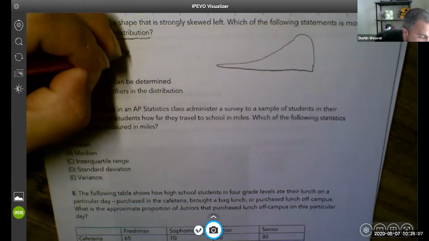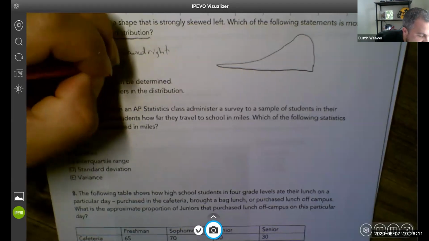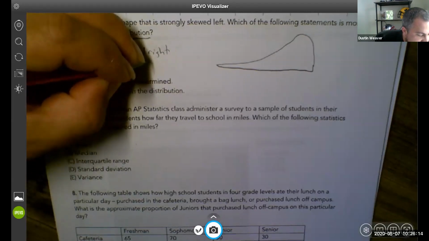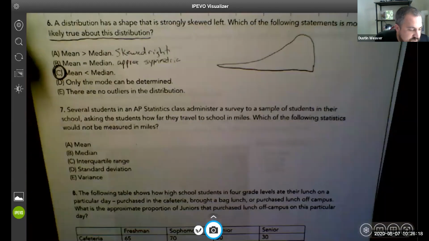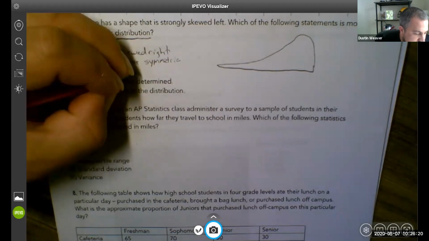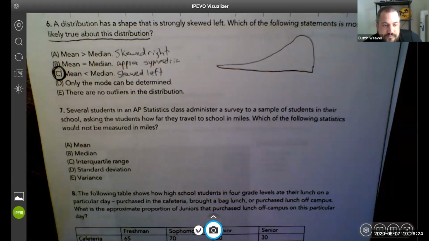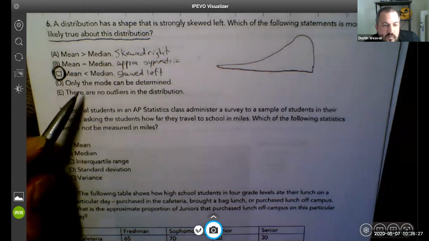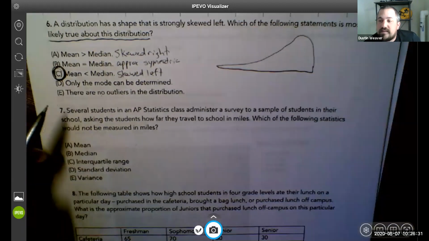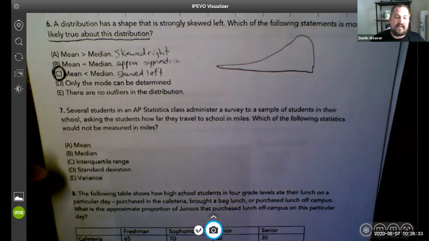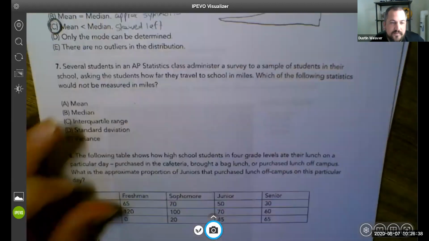And when they're approximately symmetric, that's when we expect the mean to equal the median or be very, very close to it. Okay. And if it's skewed in one direction, that typically tells you that there probably are outliers in the distribution. So E saying there are no outliers would be kind of an opposite thought there.